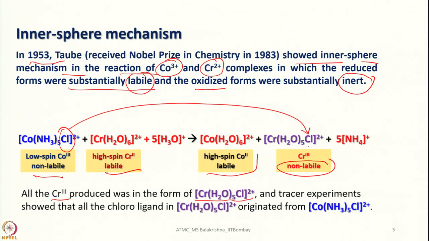And tracer experiments showed that all the chloro ligands in this compound originated from this one only. So, no other source of chloride was brought into the reaction; the chloride has migrated from cobalt to the chromium ion. So, this is about the inner sphere mechanism.